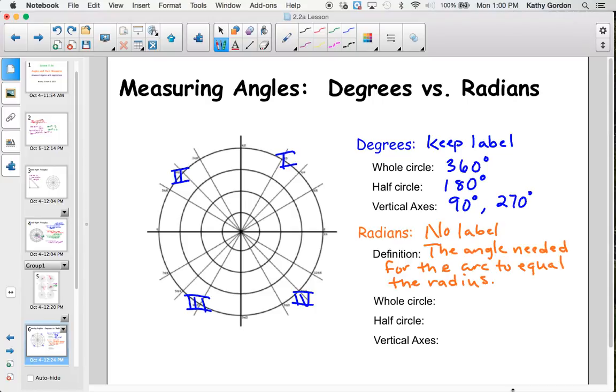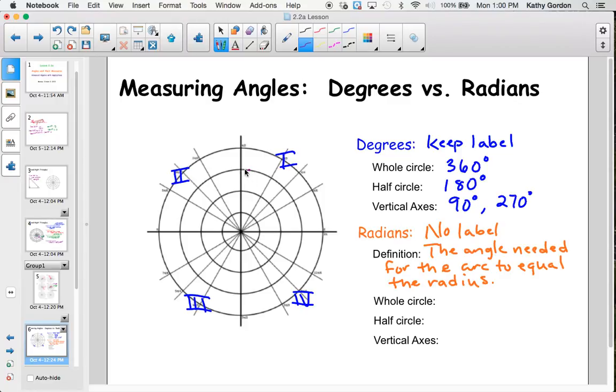Now, let me try to show you what that actually means in case that seems a little bit like gobbledygook. So, on my picture here, let's use this outside circle. Oh, I don't have quite enough for that, so we're going to use this next one. Let me draw that one so we know what we're doing.